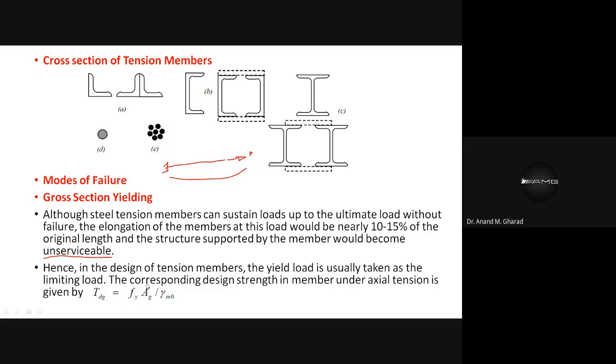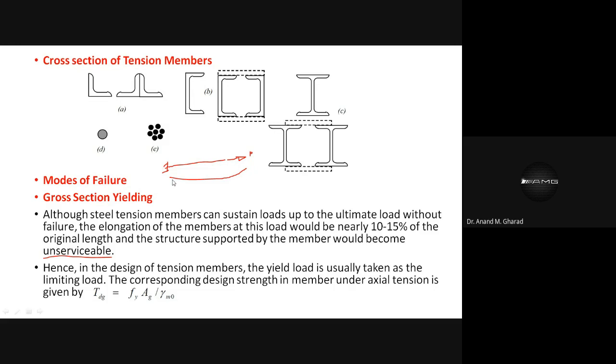In case of the working stress method, the material is not at all allowed to yield. Before yielding itself, it is provided with the factor of safety. So this is the cross section yielding concept, and one has to take care of this mode of failure. This is again a part of failure, isn't it? Although it is getting elongated and it is not getting collapsed, it becomes unserviceable.